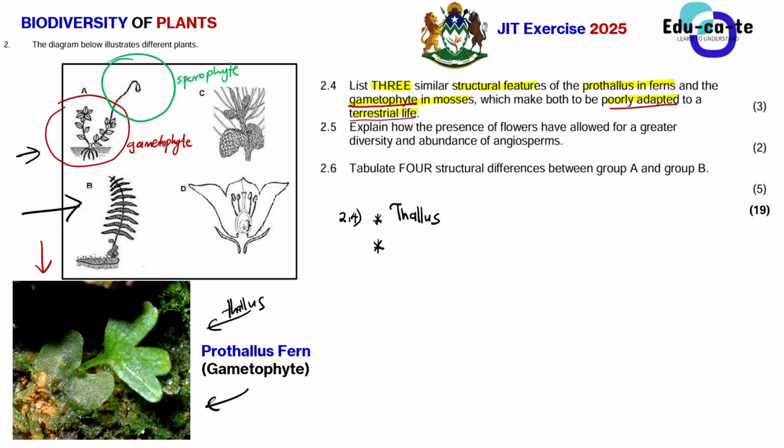What else? The prothallus fern is still so young. Since I've already said that it is so young, it means that it doesn't even have true roots, right? We know that inside the roots, we often find the vascular tissue, which has xylem and phloem.